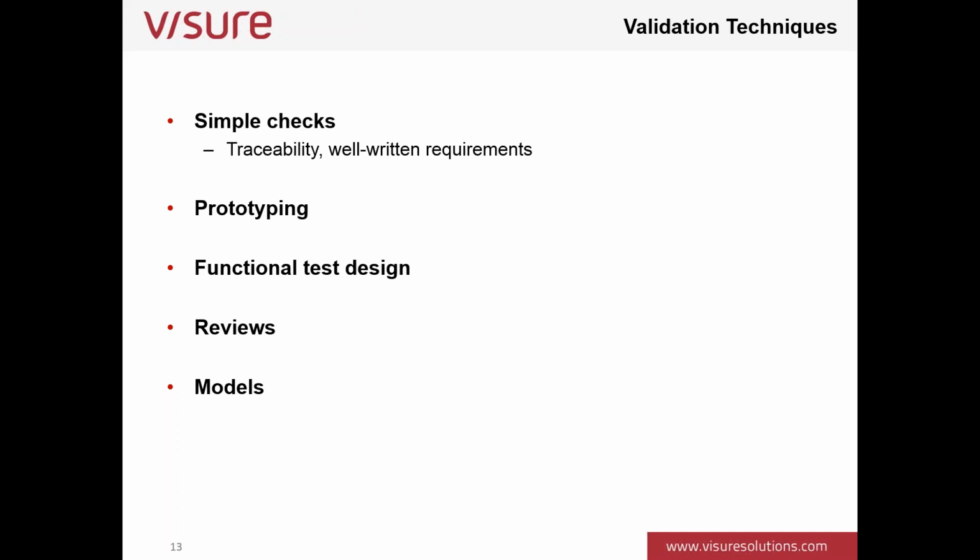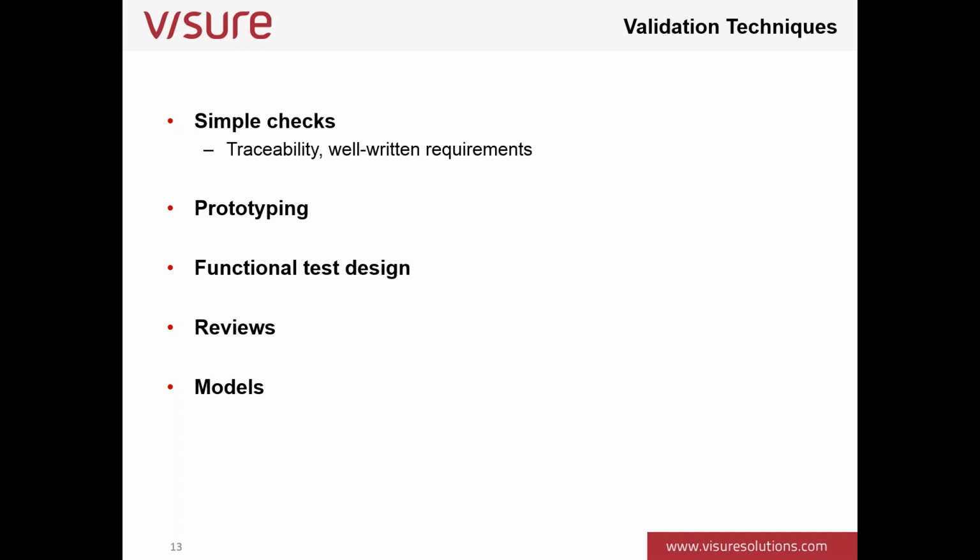Prototyping, which is a really valuable technique when validating the requirement. We have mentioned prototyping during the elicitation, but once again, it's going to be super helpful during the validation. Functional test design. We will be mentioning how we can write down tests in order to validate the requirement.